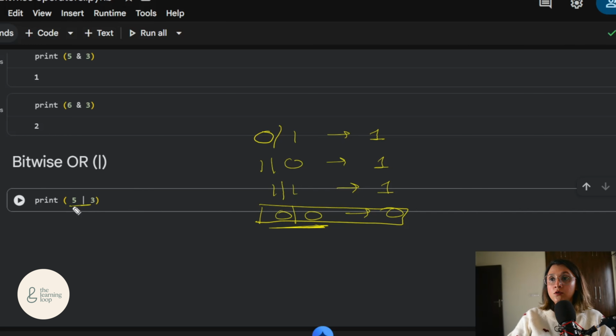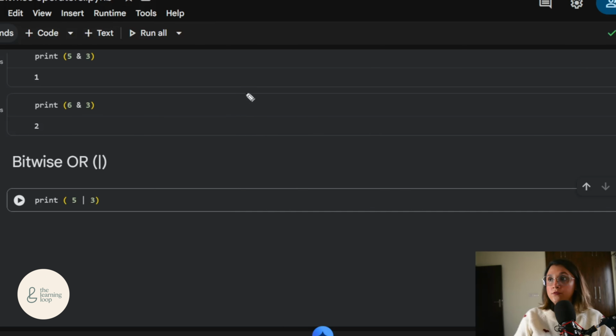Now let's look at our example. 5 or 3. Now 5 in binary is presented as 1, 0, 1. And 3 in binary is presented as 0, 1, 1. So the answer would be, we are using OR here, so 1 or 0 is 1. 0 or 1 is 1. 1 or 1 is 1.